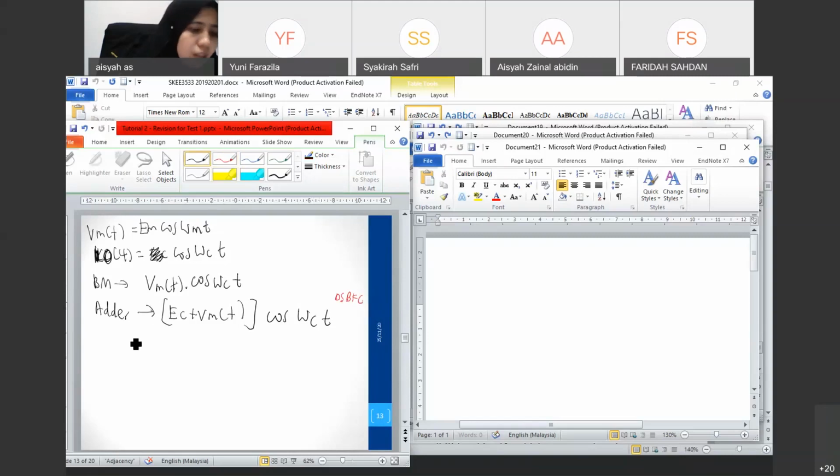And then to get the DSBSC, it goes through the filter with 2 FM.